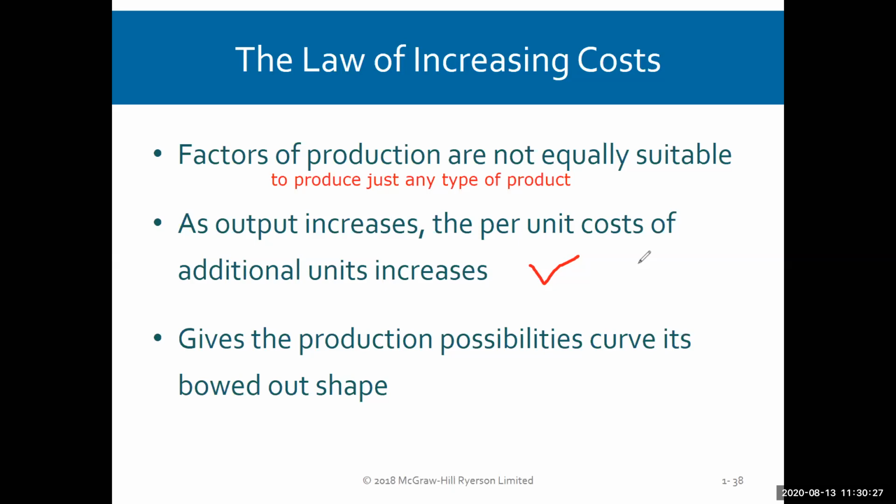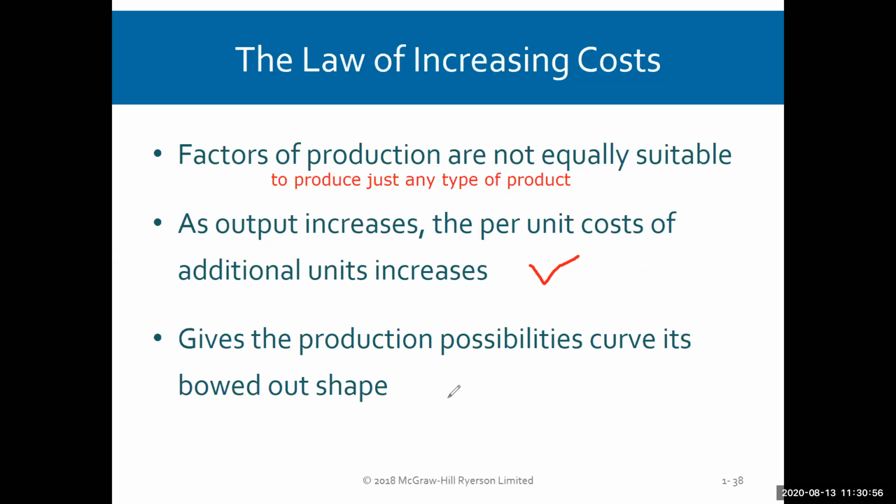So we have to go take workers from wheat fields. And we need more than just 100 workers from wheat fields because they're not trained equally as the car producers are. So we end up giving up increasing amounts of wheat to produce more and more cars because we have to take away increasing numbers of wheat workers in the fields to put them on the assembly line in car production.